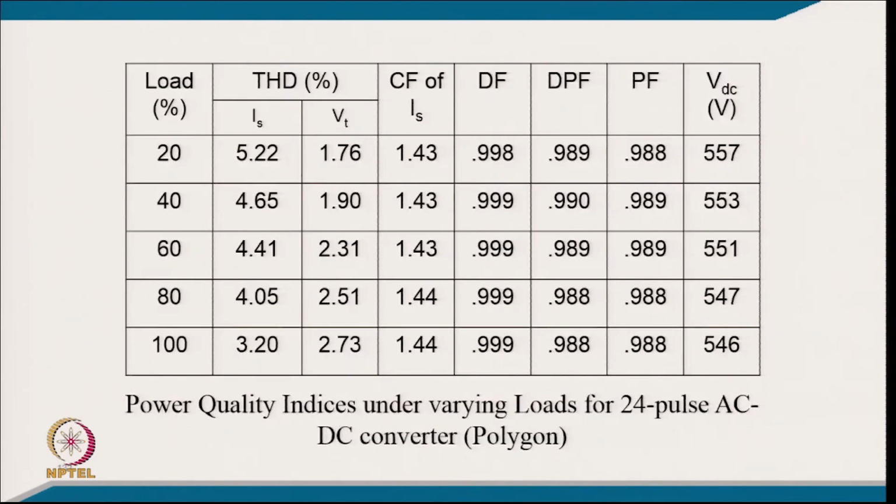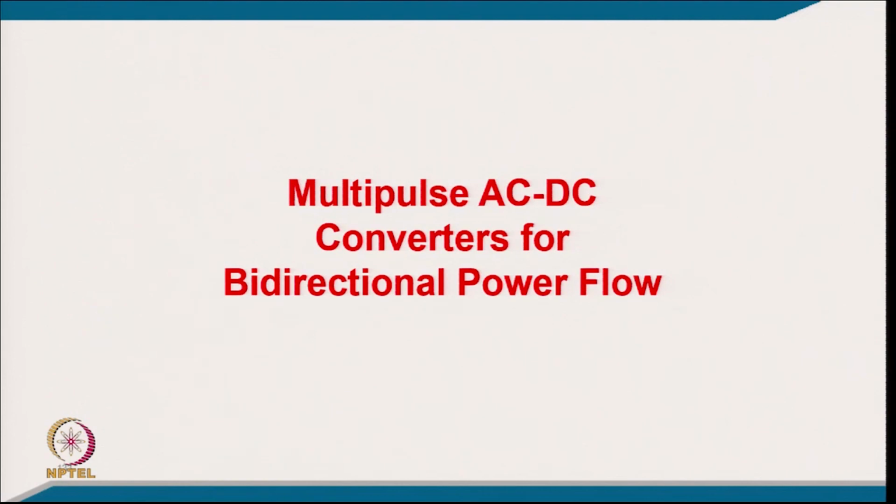You are able to get the THD of the current. For light load and full load of this 24 pulse, you are able to get typically 3.2% in place of 7.5%, which is just half because of the effect of the leakage reactance of the transformer.